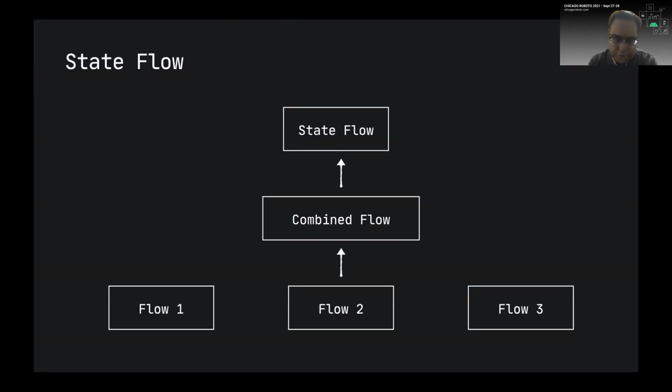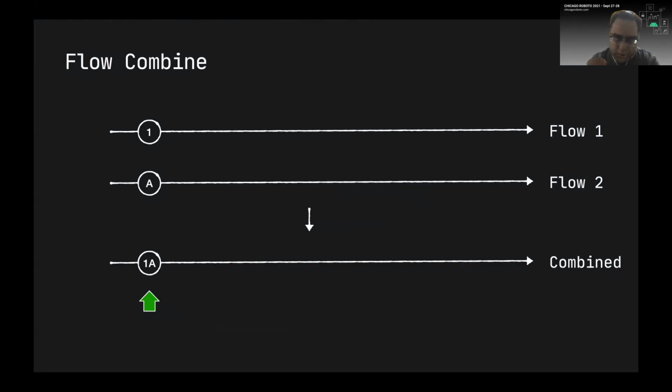There is a website called Flow Marbles that I really, really recommend, which allows you to understand how flow combine, merge, and all that works. The way combine works is that it takes in multiple emissions like this, one in A, gives you one A. You could specify how you want to combine them.